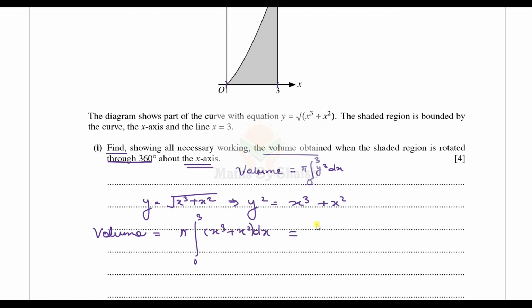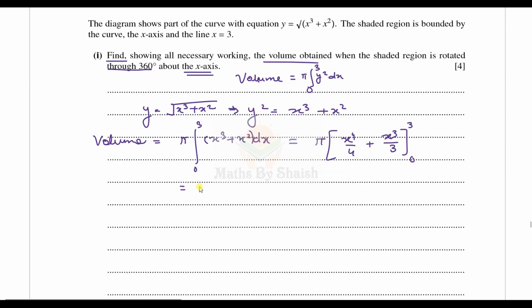Now it is easy, because the integral of x cubed is x to the power 4 over 4, and the integral of x squared is x cubed over 3, with limits from 0 to 3. This is pi times 3 to the power 4, which is 81 over 4, plus 3 cubed, that is 27 over 3, which is 9, minus 0, since everywhere we get 0 at the lower limit.